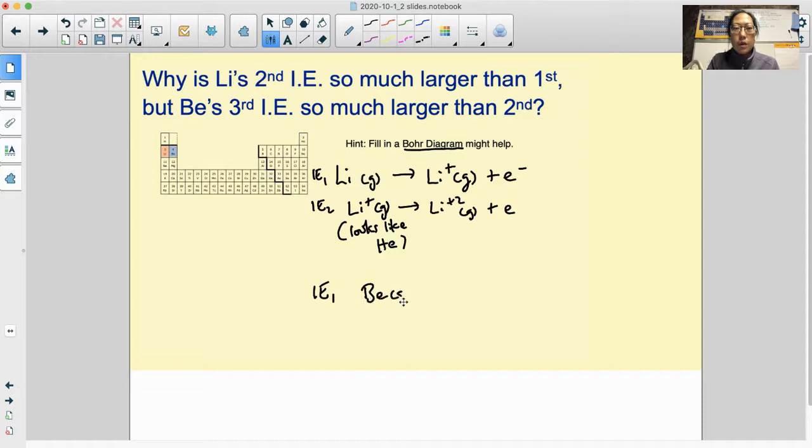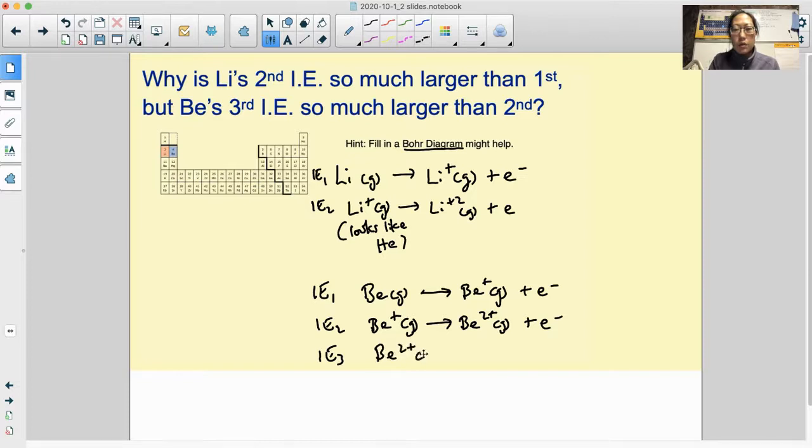So we have Be gaseous atom going to Be plus plus an electron, and then we have IE2, Be plus gaseous ion going to Be2 plus plus an electron, and then we have IE3, Be2 plus gaseous ion going to Be3 plus gaseous ion plus an electron. So we're removing 1, 2, 3 electrons.